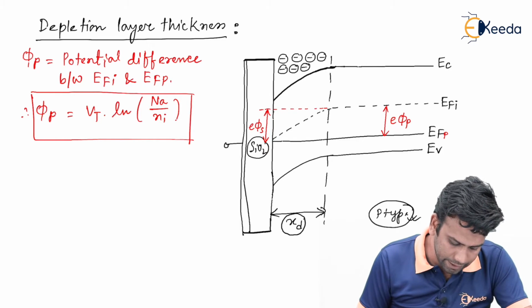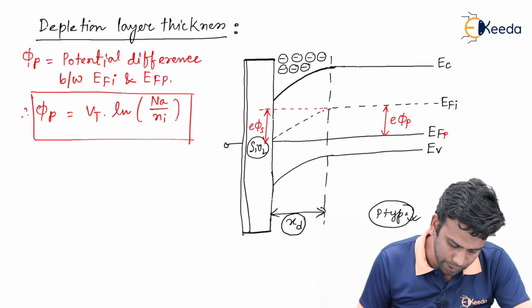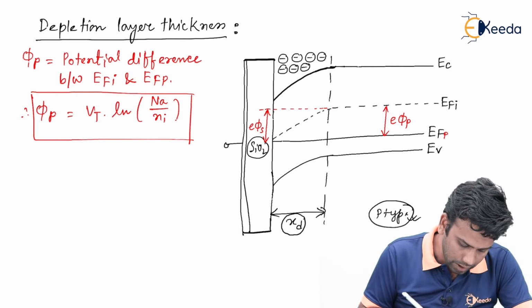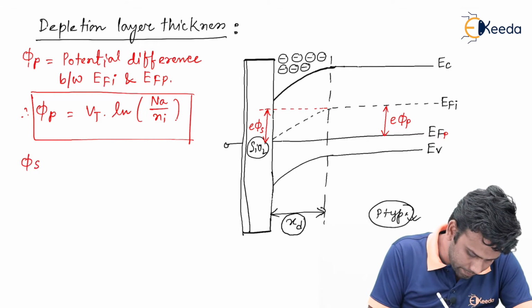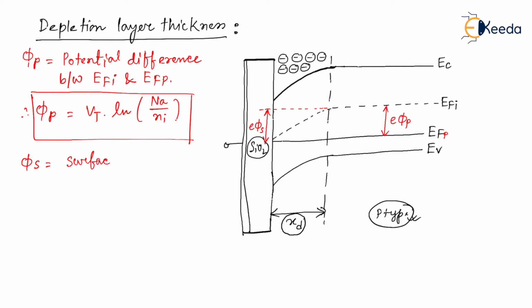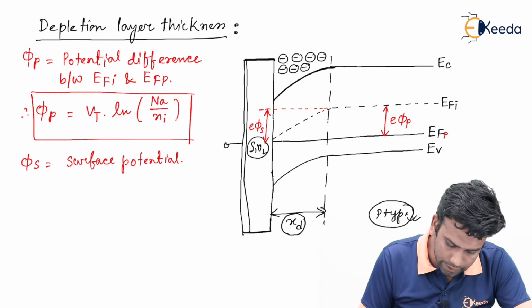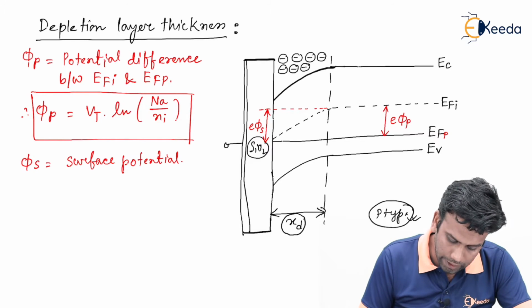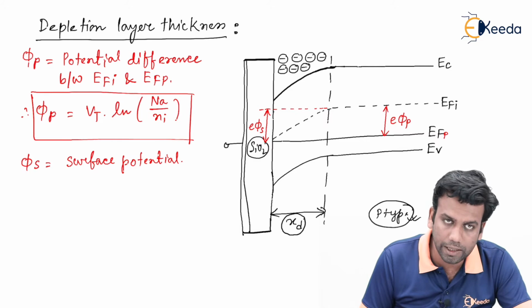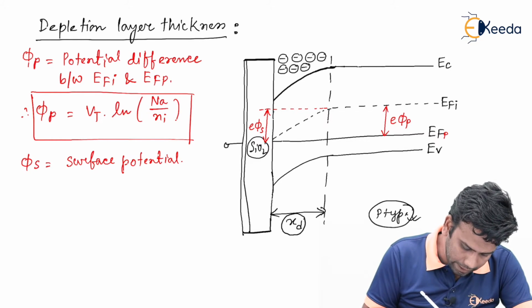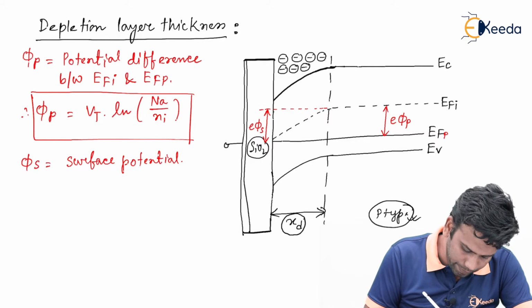Now where Na is the acceptor concentration in the p type and Ni is the intrinsic carrier concentration, and phi s is the surface potential, or we can say it is the difference between the EFI and the EFP that is measured in the bulk and at the surface.